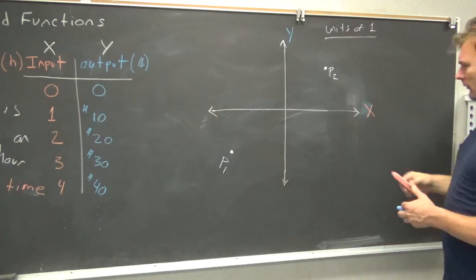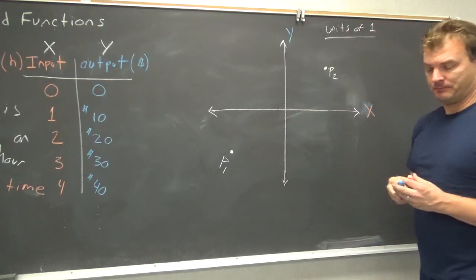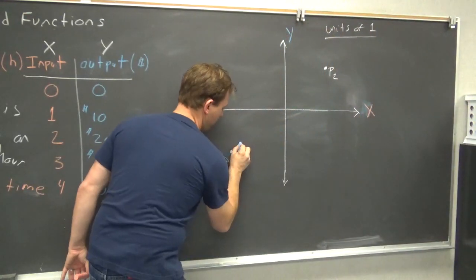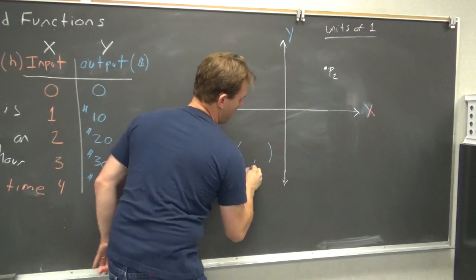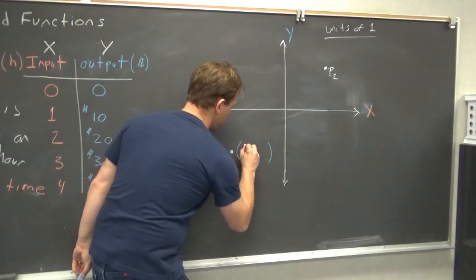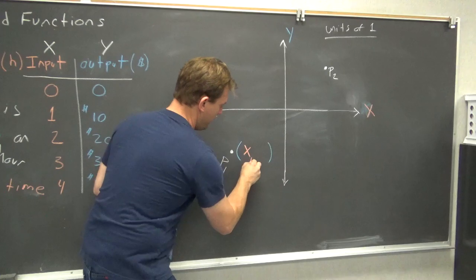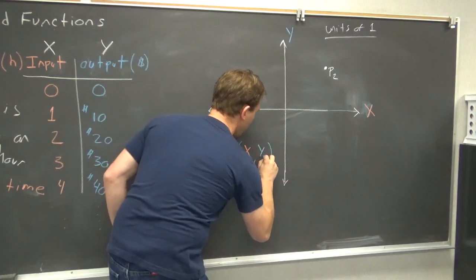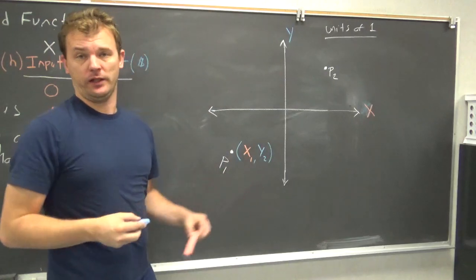Now, we have 2 points. So remember what we do first. What do we graph first? The x's, right? So this is going to go x1, because that's the first point, y2, that's the second point.